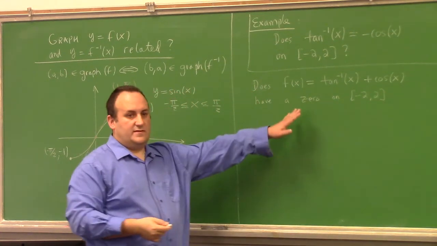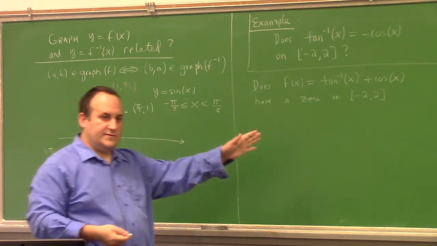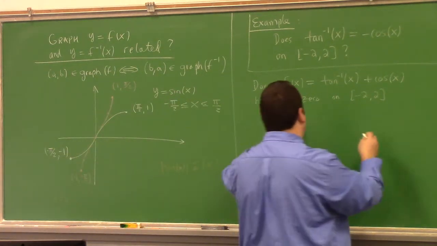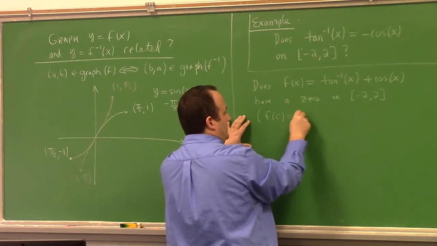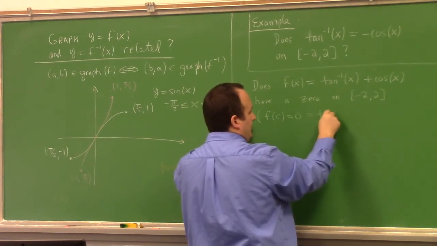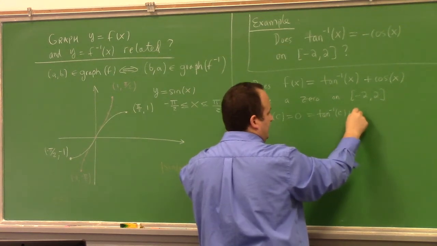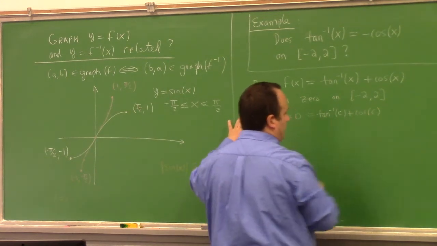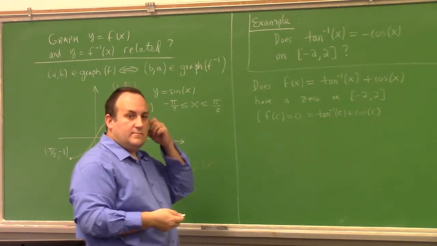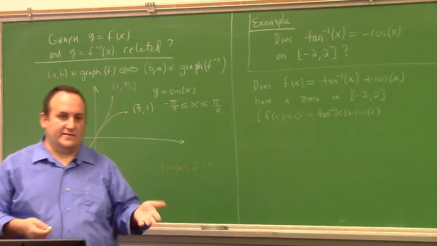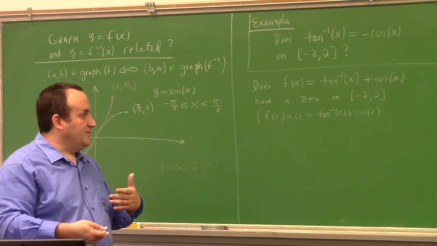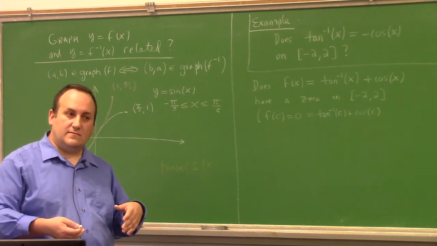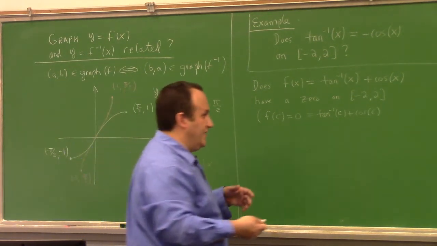If we can find f of c equal to 0, that would be inverse tangent of c plus cosine of c. So if you could find such a c, that would be exactly what you're looking for, because then inverse tangent of c would be equal to minus cosine of c, which is the desired outcome.